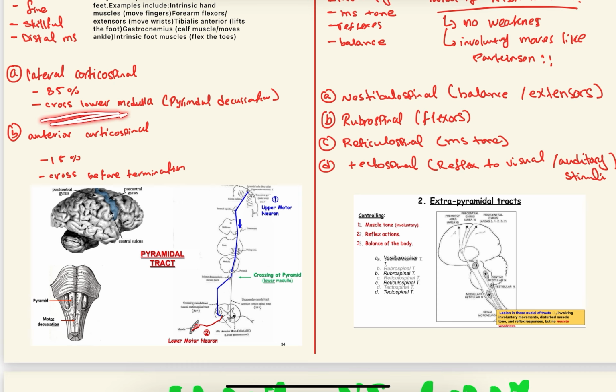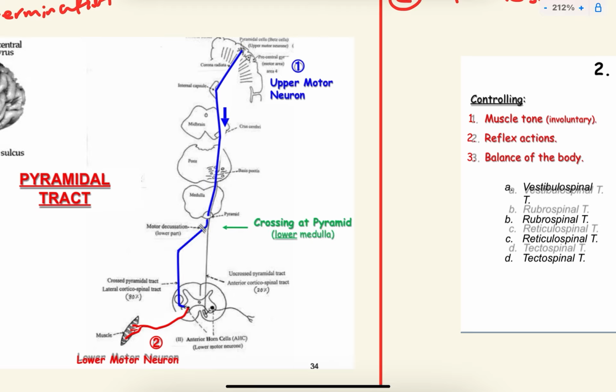It crosses the lower medulla and it forms a pyramidal decussation. So looking at it right here, where is it? The lateral corticospinal, here, you can see it. It crosses the medulla, here, this is the medulla, so it crosses it and forms what? Pyramidal decussation, motor decussation. Crosses which type of medulla? The lower medulla, and then it carries on up.